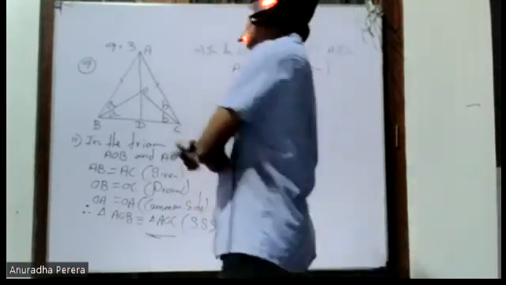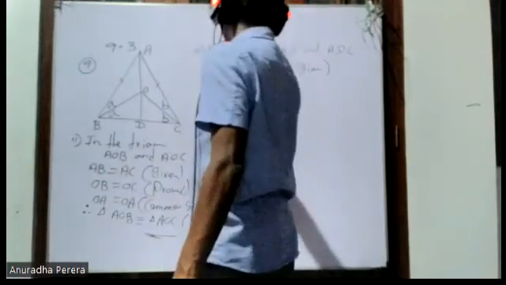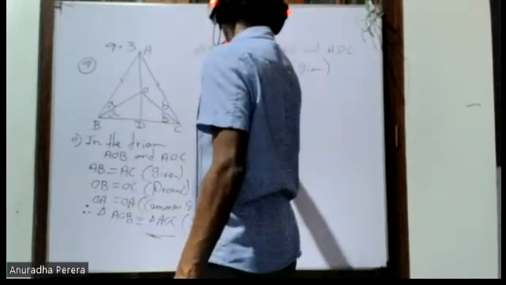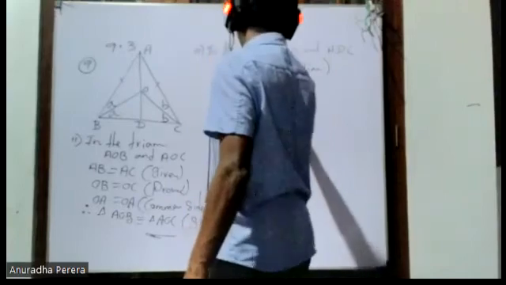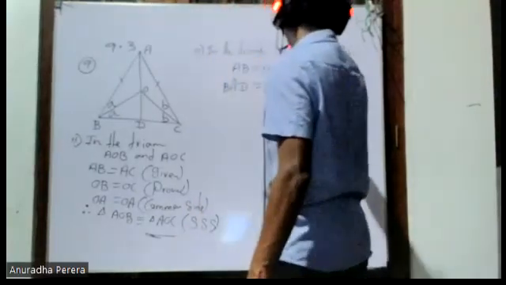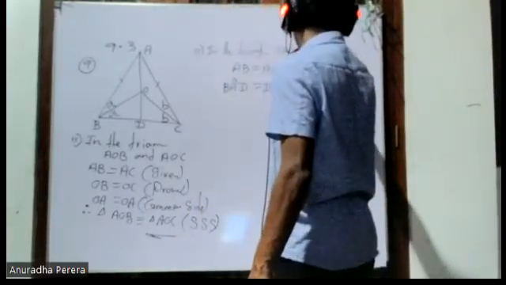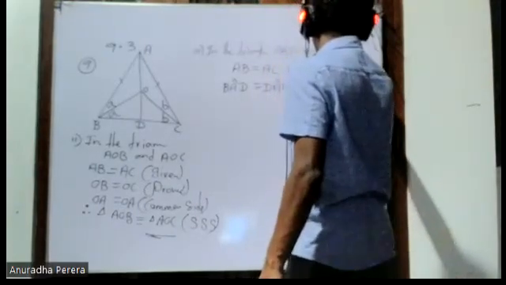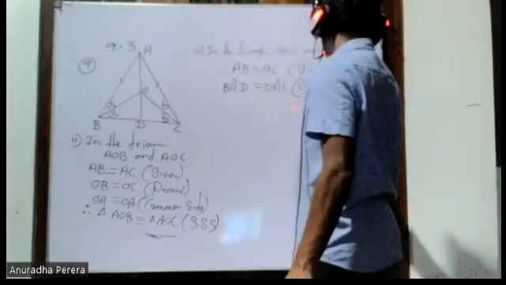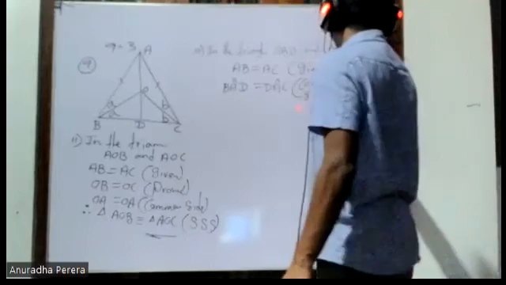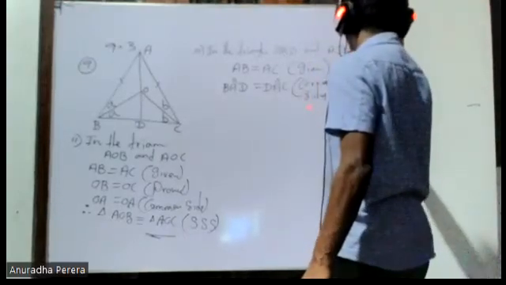Then BAD equals DAC, corresponding angles of congruent triangles.